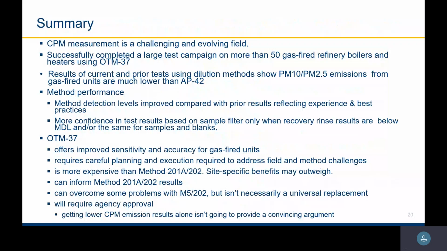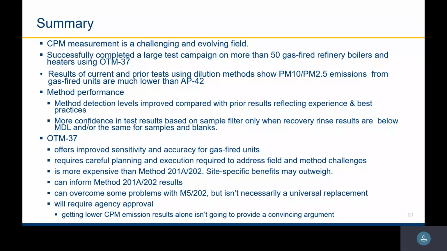And then, skipping to the very bottom, is: will the agency approve it? That's the big question. A bad argument for approving a method is that it gives me low results. That's not our point. This method wasn't designed to give you low results. It's trying to give you more accurate results. And what we found is it gives us much more consistent results, and the accuracy appears much better. But doing them paired between 201A and 202 will often get similar results.